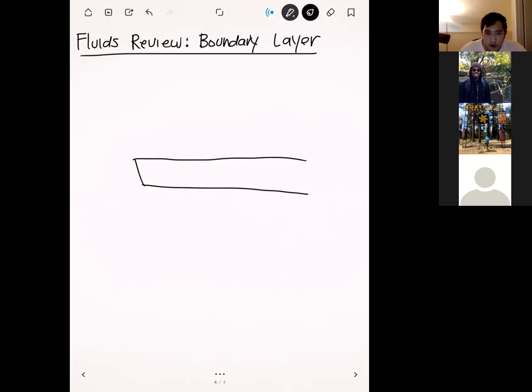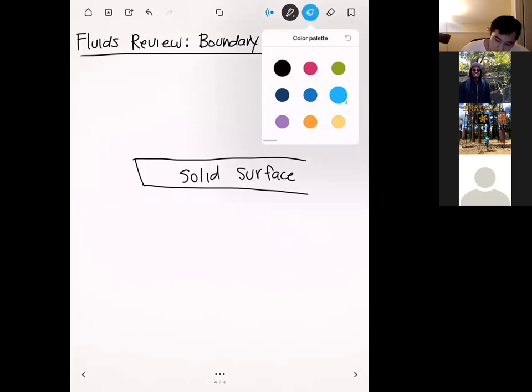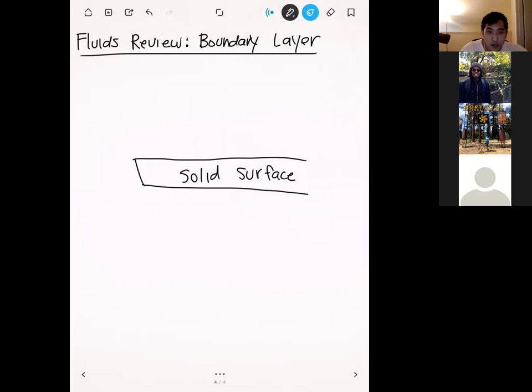This could be any other surface, but it looks like a fin, so I call it that. And on this fin, we're going to be blowing a fluid over it. This fluid will have a velocity, we'll call it U infinity.